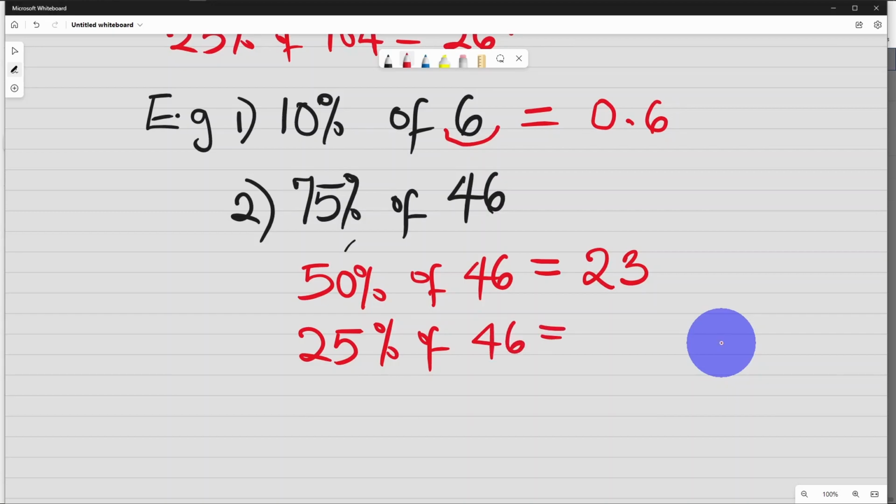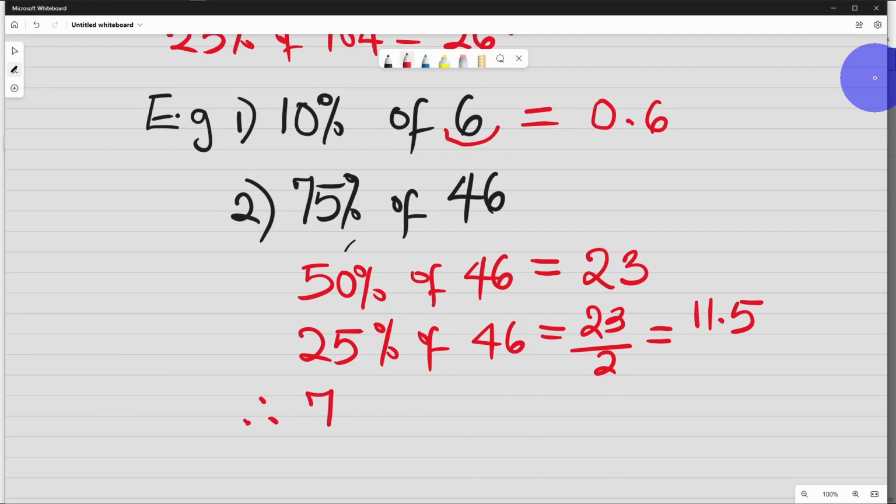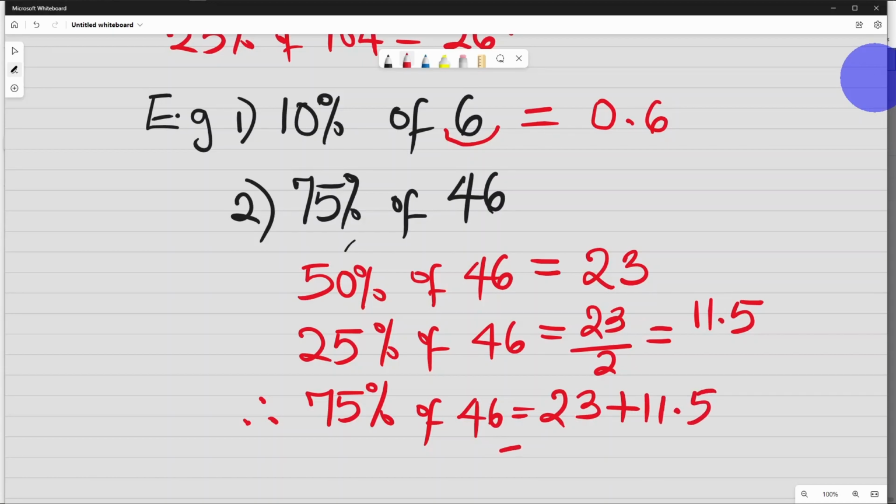That is half of this, so 23 divided by 2 will give us 11.5. Therefore, for 75% of 46, you add the two values, that is 23 plus 11.5, and that gives us 34.5. So you can see how easy these things are.